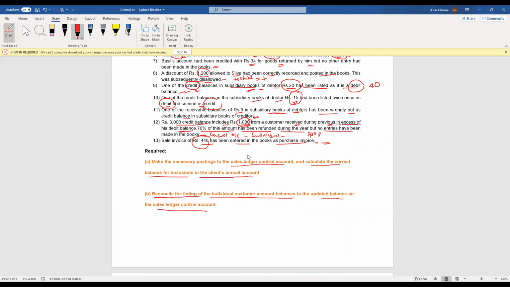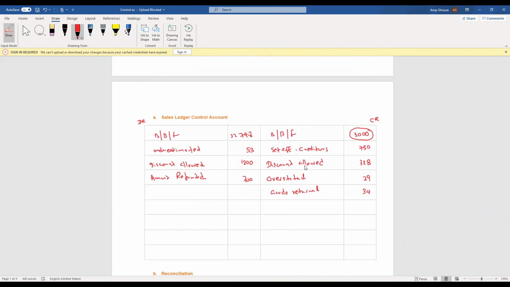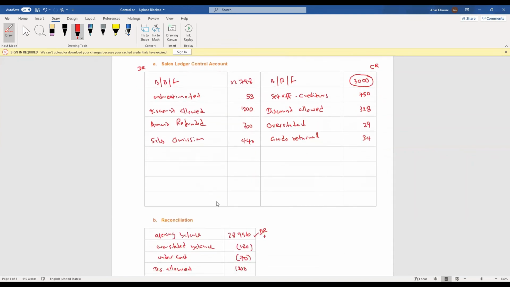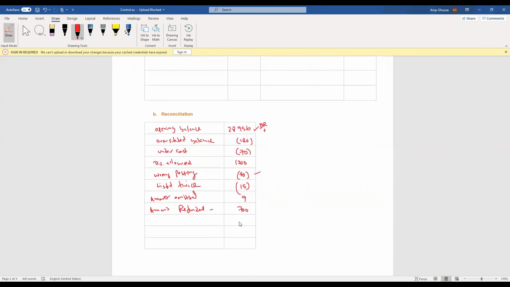The 440 has to be accounted here. It was omitted, sales omission. And 440 has to be added back here, sales omission.